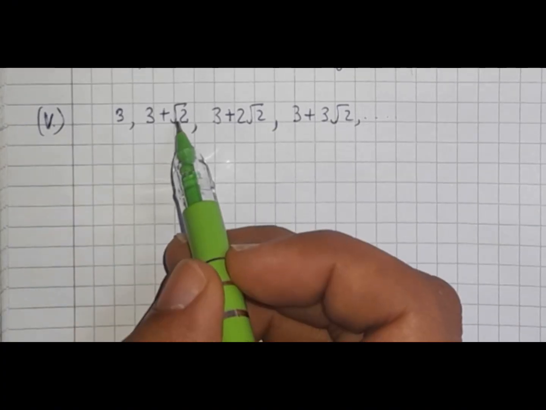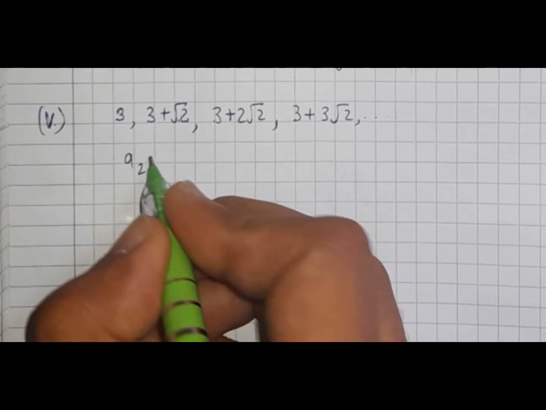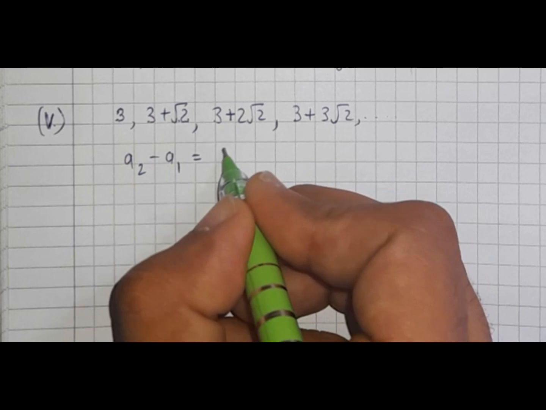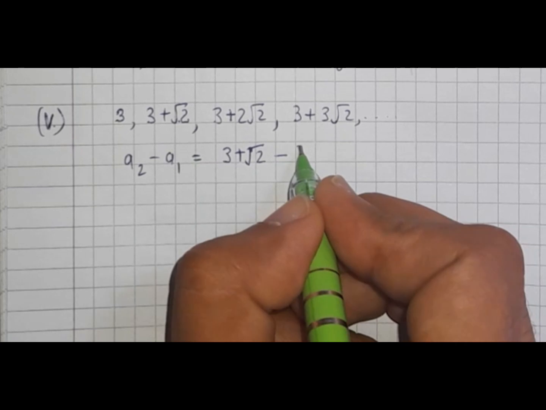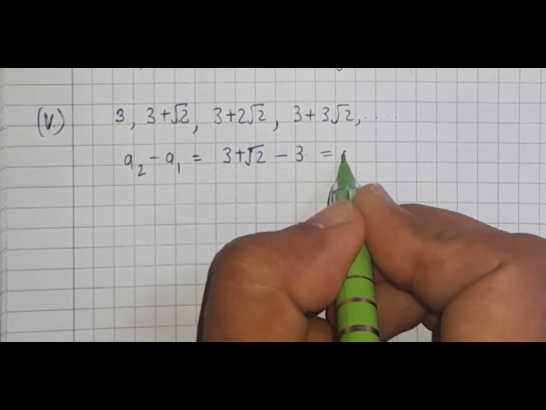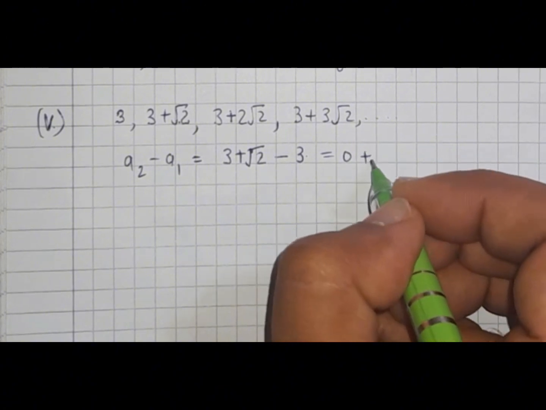In the fifth part, A2 minus A1 equals, A2 is 3 plus root 2 and A1 is 3. 3 minus 3 equals 0 plus root 2 as it is.